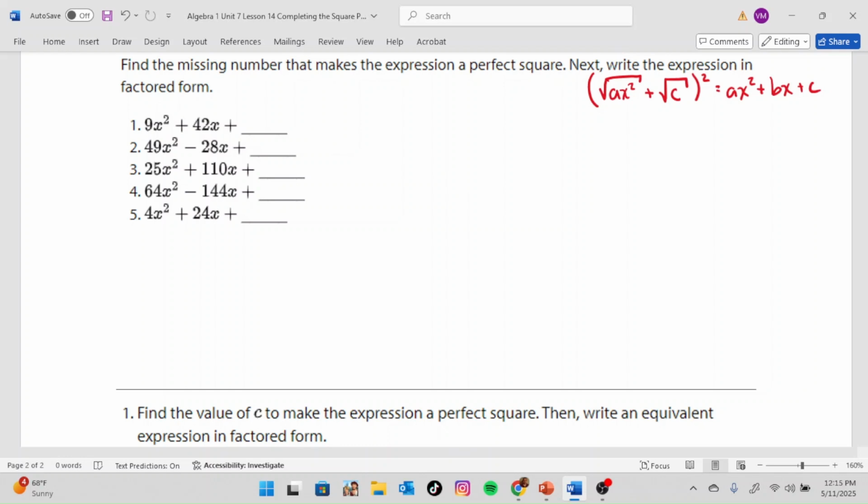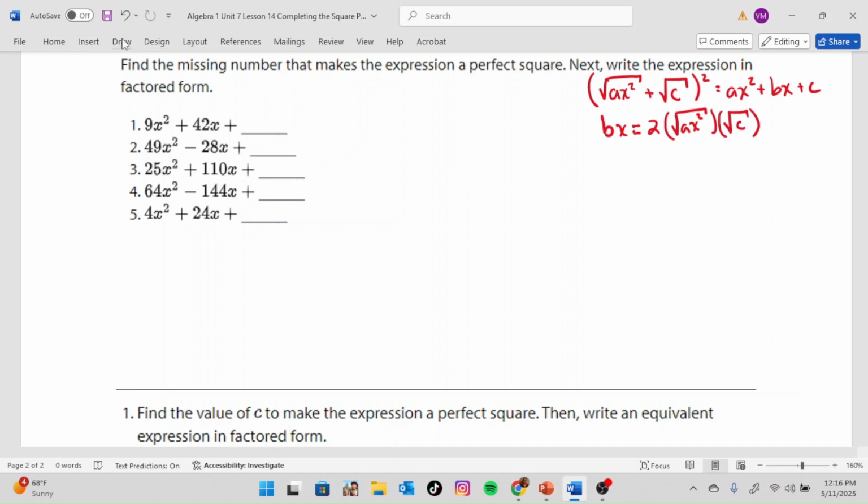And we know that the bx term is going to come from 2 times the square root of ax squared times the square root of c.